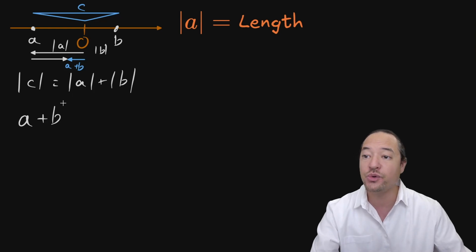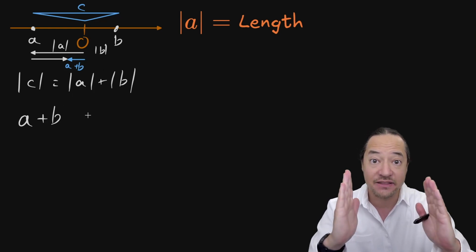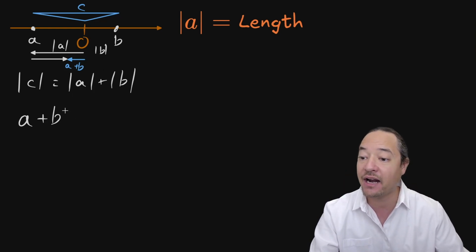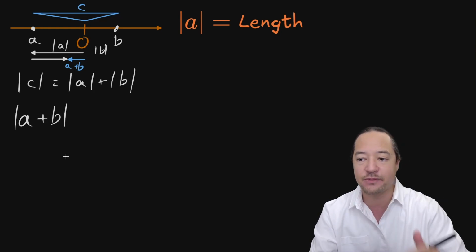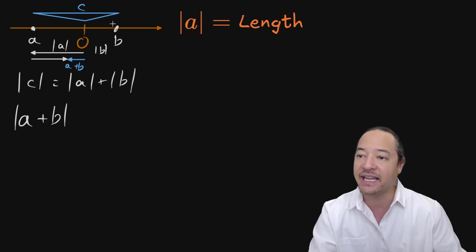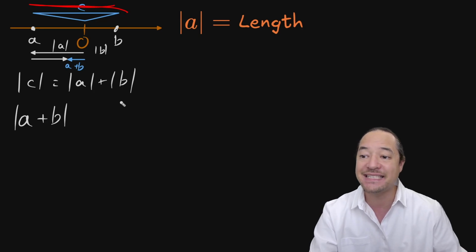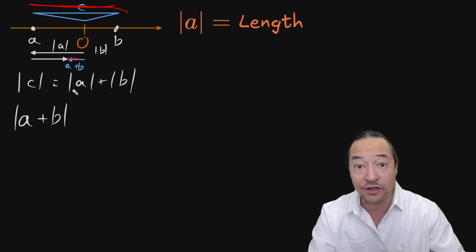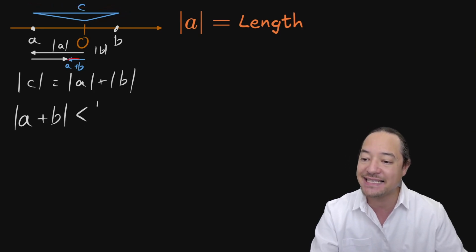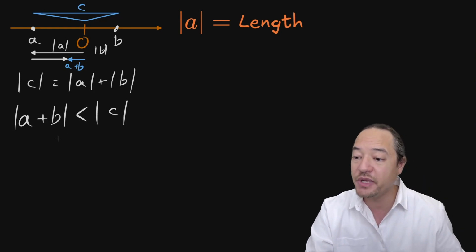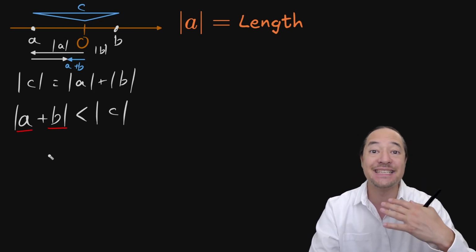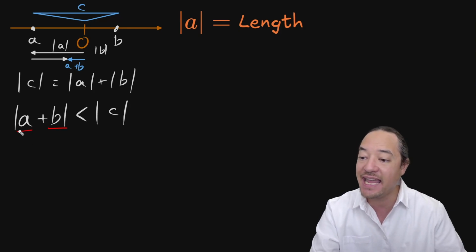And if you want to, you can take the length of that line segment or that arrow. The length of that will be the absolute value of A plus B. And if we compare that length to the length of this side C, you're going to see it is smaller, okay? So we're going to say that this is less than the length of side C. Now, why is that? It's smaller because one of these numbers is negative. In this case, A is a negative number. For example, it might be -5 plus 3, right?